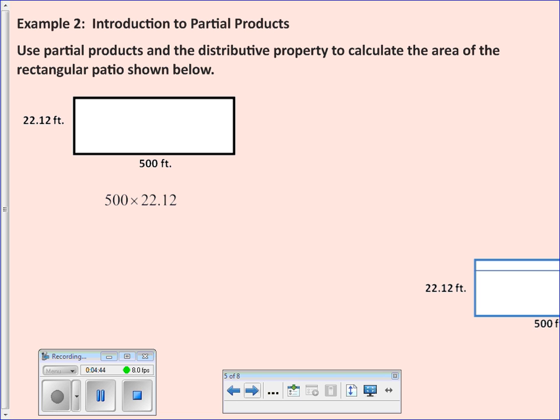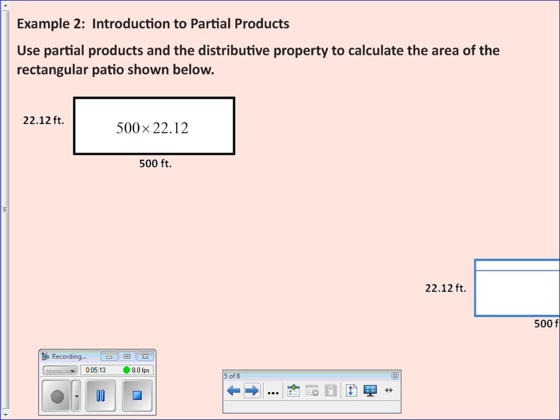So if we wanted to find the area of a patio that was 500 times 22.12, we would just multiply the length times the width, right? But mentally that could be a little difficult to do. So we're going to use the distributive property to help us. Why don't we break down that 22.12 into 22 and 0.12 and multiply the 500 by each.